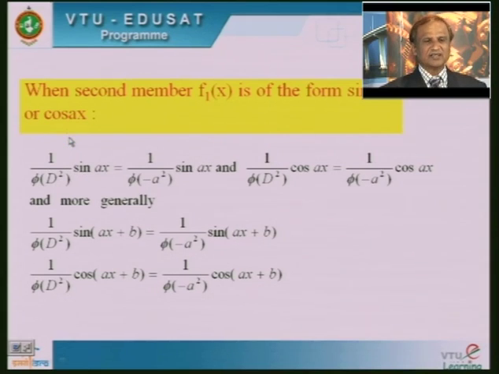I hope we can obtain 1 divided by a function of D. Then, into sin of ax, you assume that the right hand side member is of the type sin ax. Now I have to identify the D square term, not the D term.